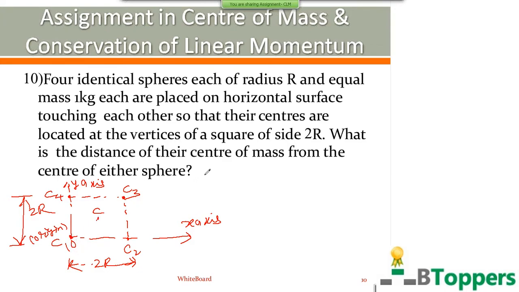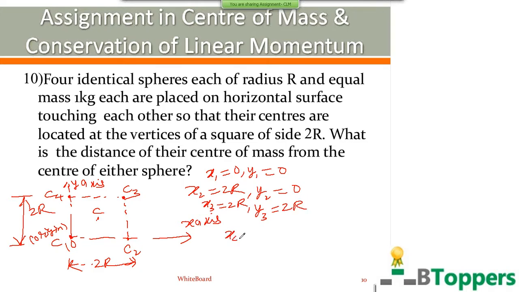So here the x coordinate for the first mass you can take as 0, y1 is 0. For the second mass, the x coordinate is 2r, y coordinate is 0 because it lies on the x-axis. For the third mass, the x coordinate is 2r, and the y coordinate is also 2r. For the fourth mass, the x coordinate is 0 and the y coordinate is 2r.